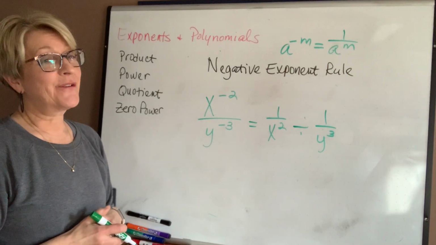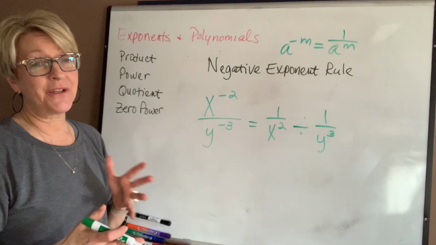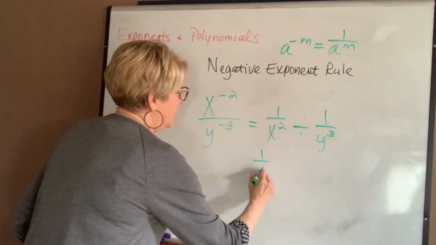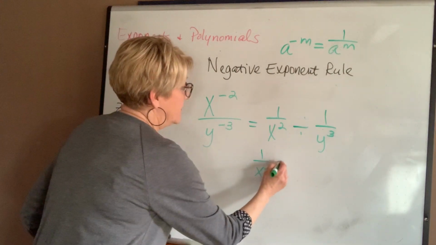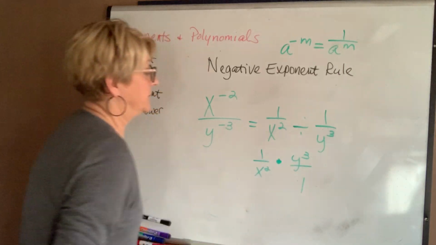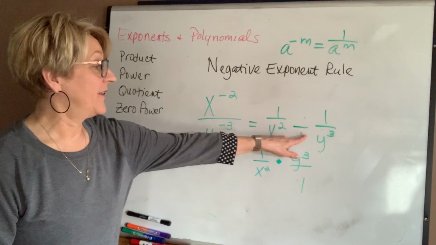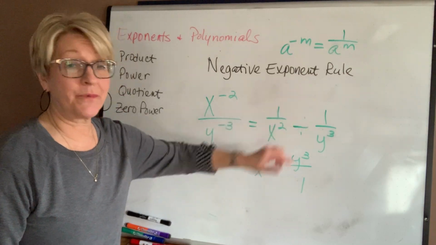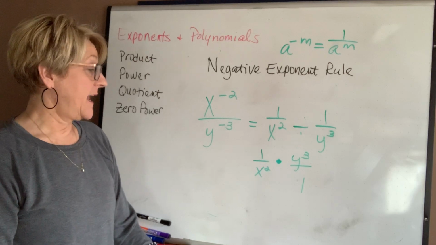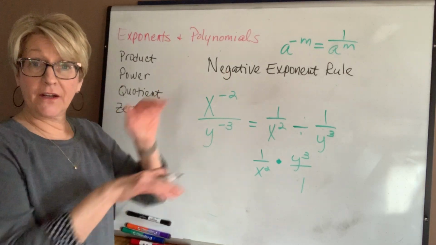Okay, I know you remember. What do you do when you're dividing with fractions? Keep, change, flip. We multiply by the reciprocal of that second term. All right? Now what? Multiply across.